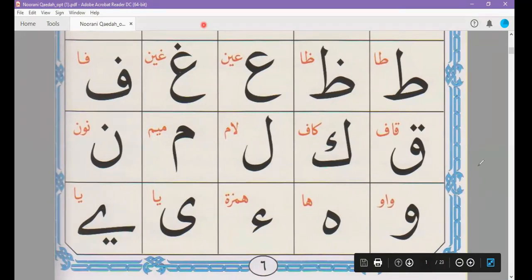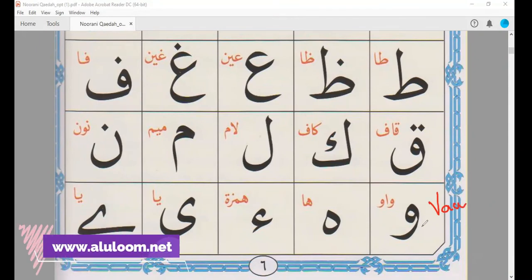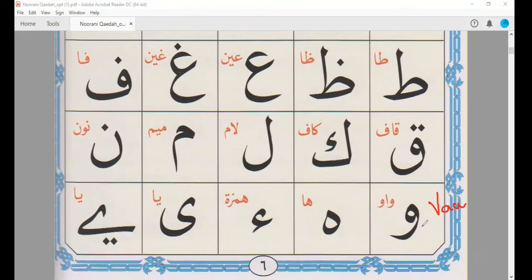About this one, waw: those who speak languages like Urdu or the Persian languages tend to pronounce it like a V sound, like vow. In their language the same letter exists, but it is pronounced with a V sound, where the lower lip is pressed against the upper incisors, like wedding vows.